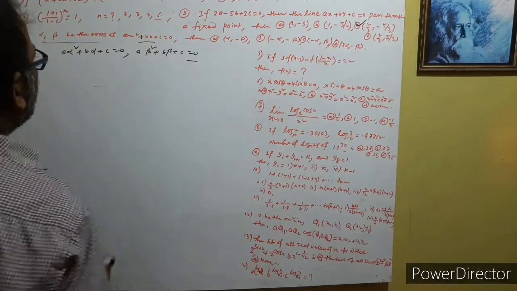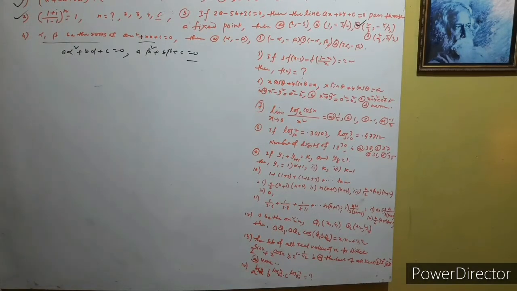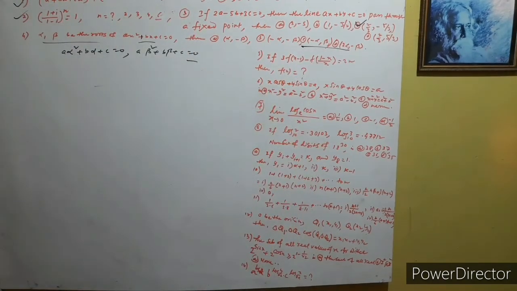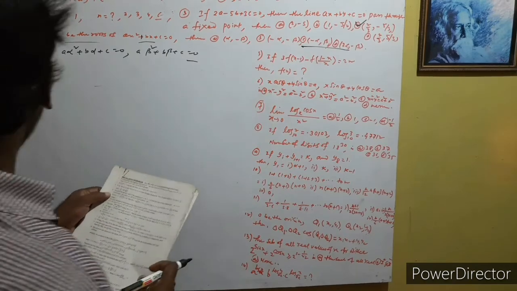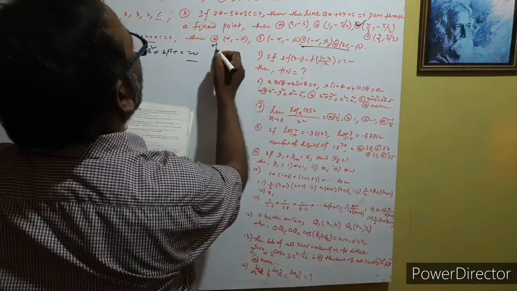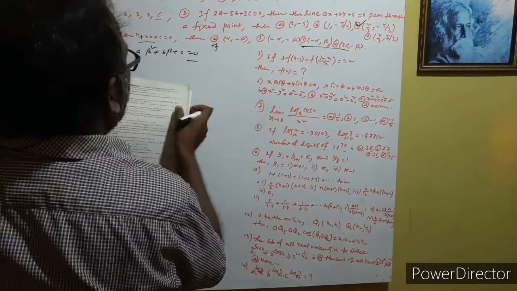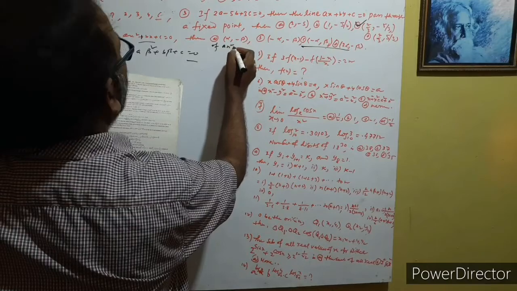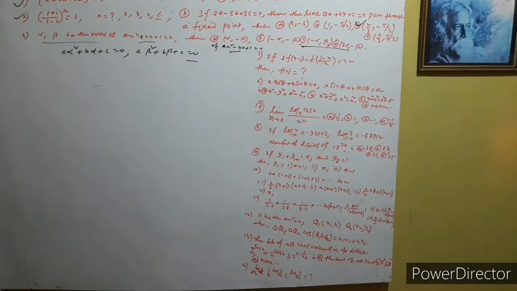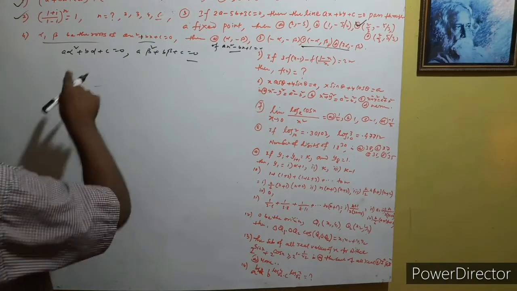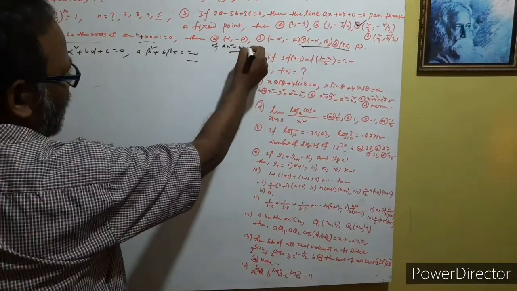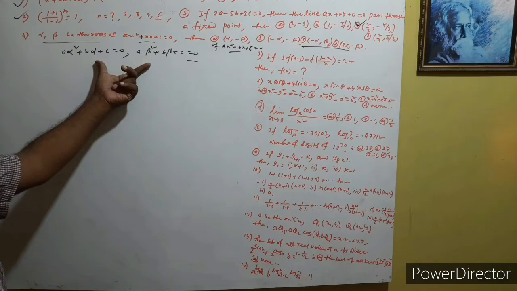Now we have to show which is the root of the equation ax² − bx + c = 0. This is your question. Now we compare with these two.